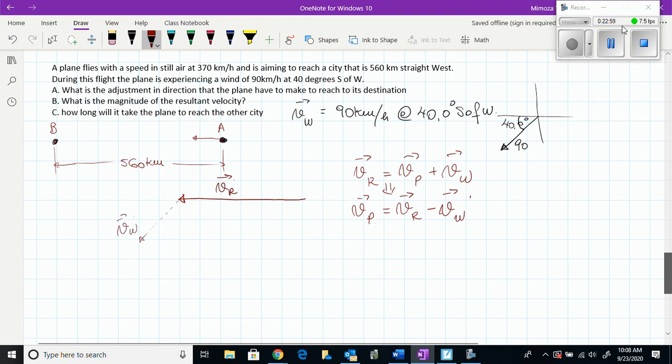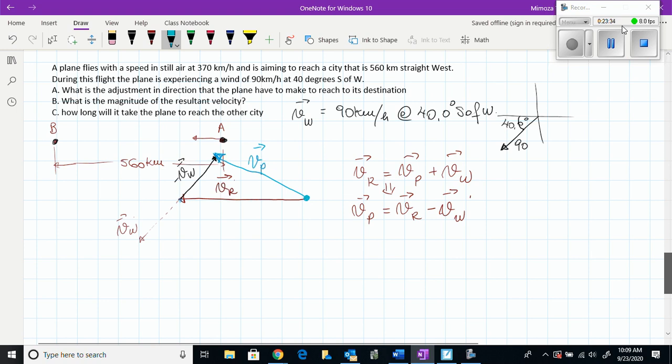Since we are going with the opposite of the wind, we go in the opposite direction. So this is the negative velocity of the wind, which will tell us that the resultant velocity is a vector that starts at the starting point and ends at the end point. So this is the adjustment that the plane has to make in order to reach the destination straight west.